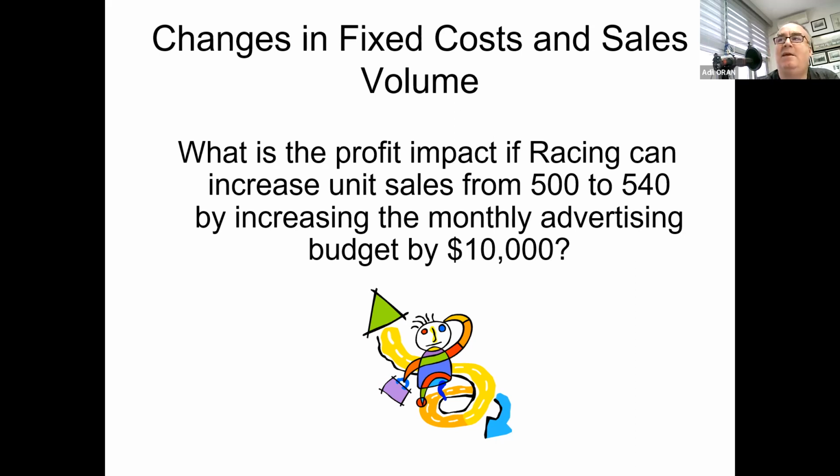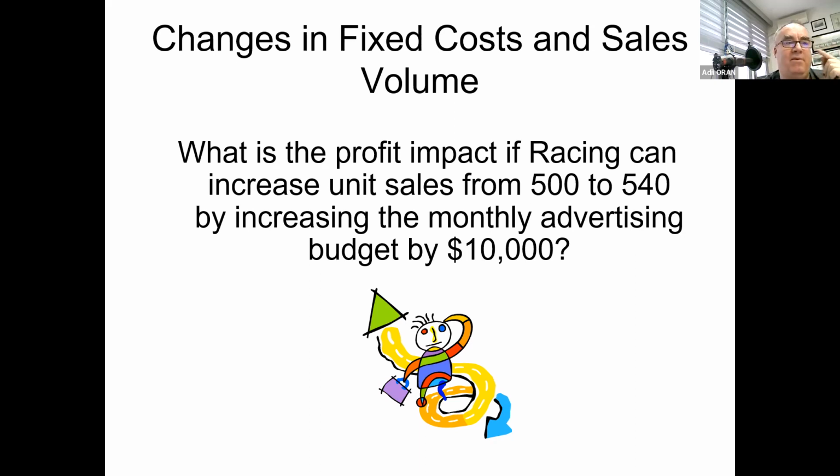Assuming that the selling price doesn't change, could you tell me how much contribution margin this is going to create? 40 bicycles multiplied by the contribution margin per unit of $200 per bicycle. In that case, that basically tells me that I'm able to generate $8,000 of additional revenue and profit.